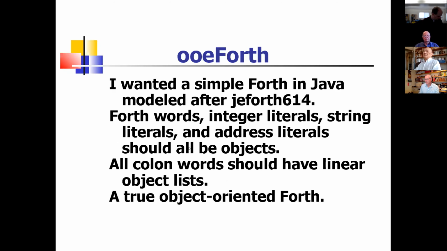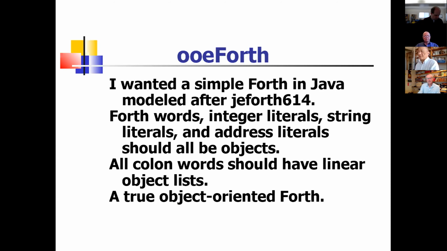Okay, I want a simple Forth in Java modeled after JE4614. All Forth words, integer literals, string literals, and address literals should all be objects. All colon words should have linear object lists, no branches, no loops in them.